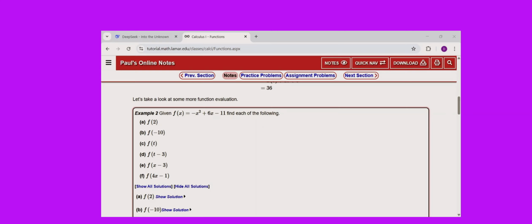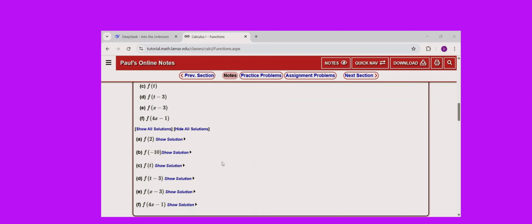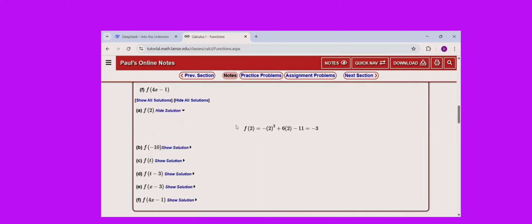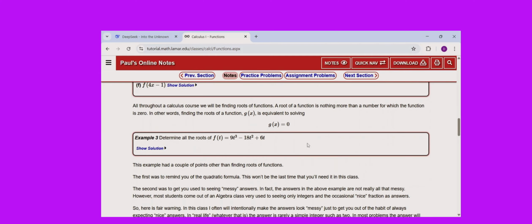The answer is correct, you know, yes. Okay guys, let's see the solutions. Here, minus 3 f of 2 is equal to minus 3 times 2 square plus 4 times 2 minus 11, which is equal to minus 3.